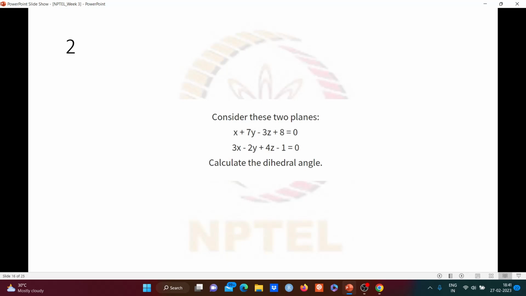Yeah, next question is: given the equations of two planes, can you calculate the dihedral angle? Or you can even calculate the cos theta of it.